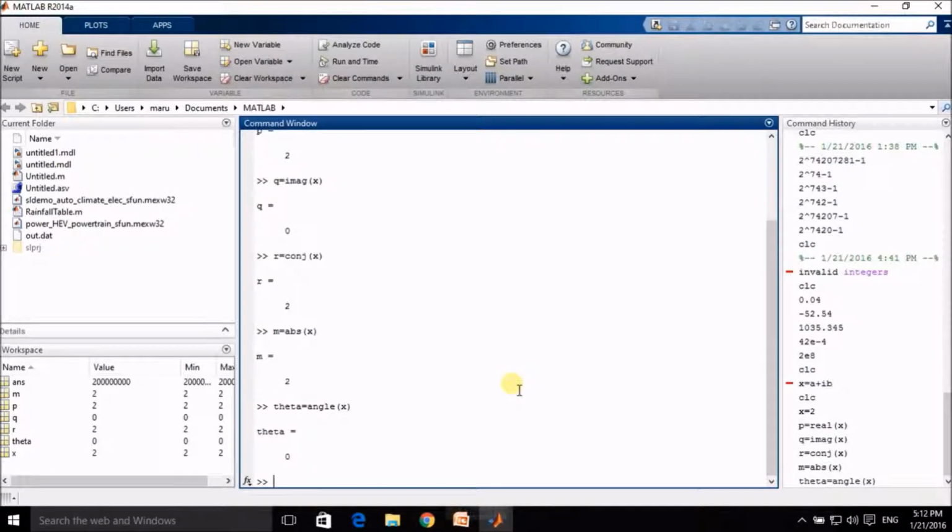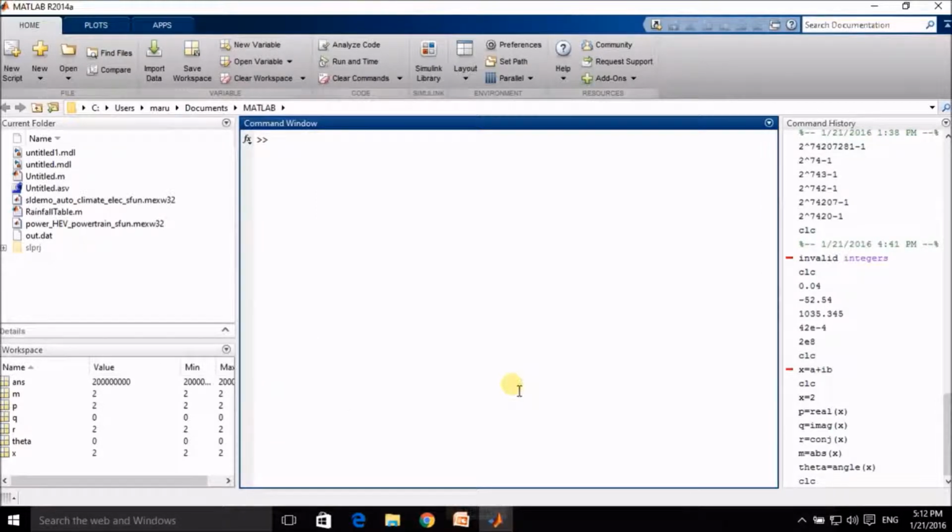And also we have the conversion of coordinates, that is Cartesian to polar and polar to Cartesian.